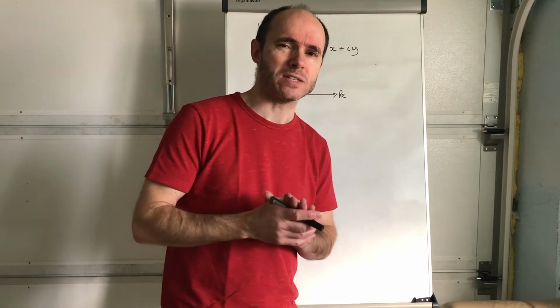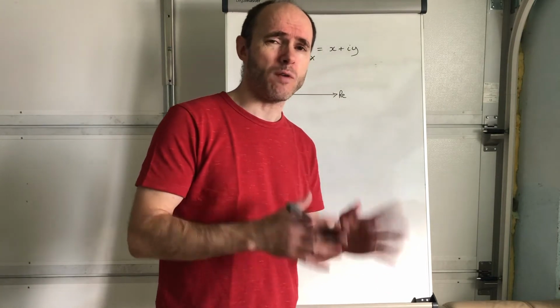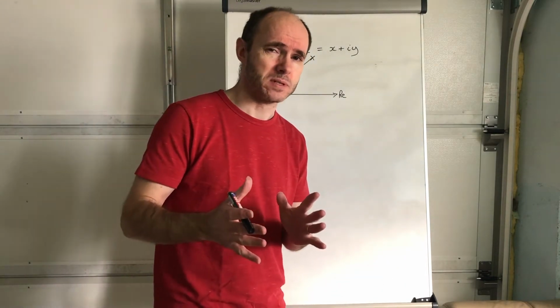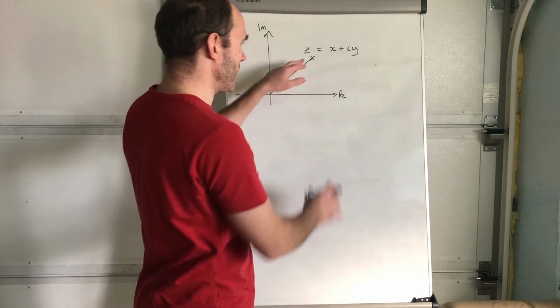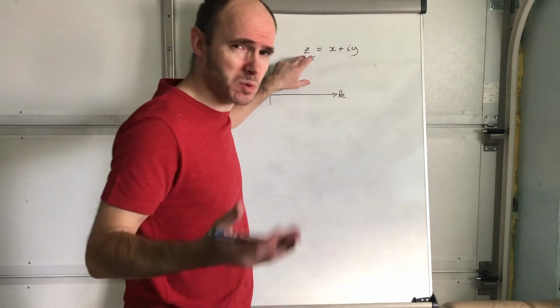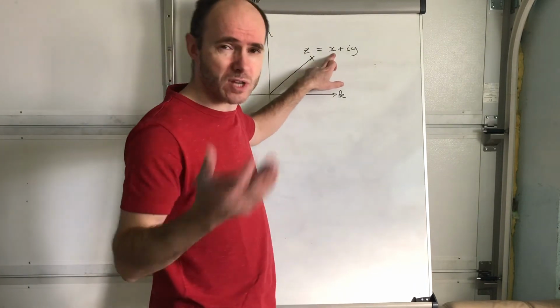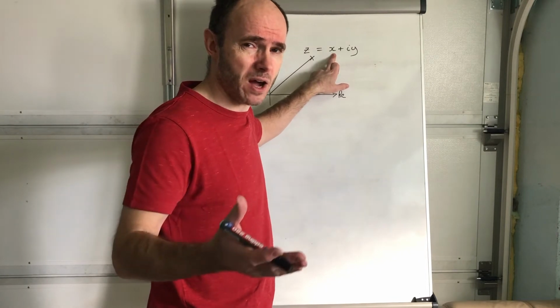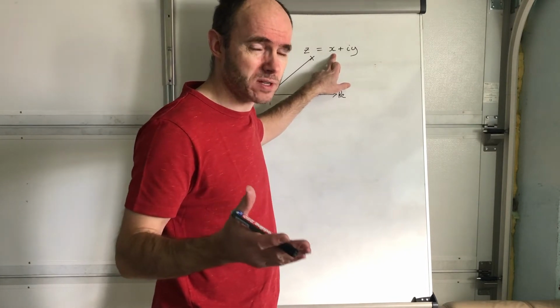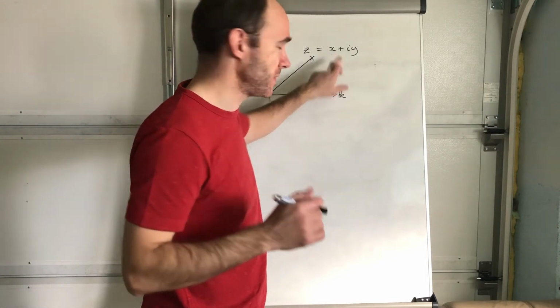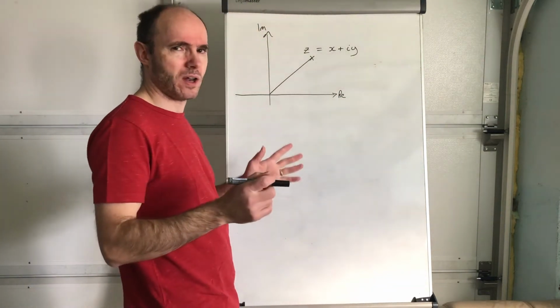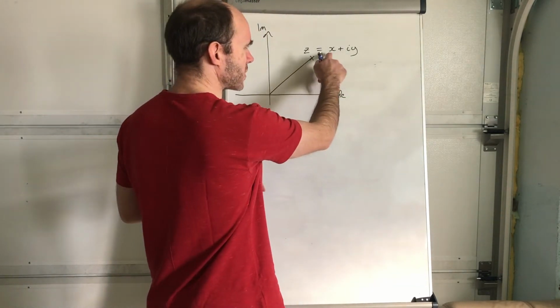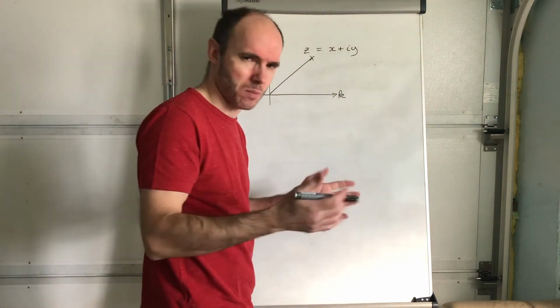To do this, I'm going to introduce you to another way of representing complex numbers. So here's an Argand diagram with a complex number Z there. And of course, we all know that Z is generally represented as a complex number x plus iy. And I've used x and y this time for a particular reason. Now, as you already know, on an Argand diagram, the coordinate (x, y) will represent that complex number.